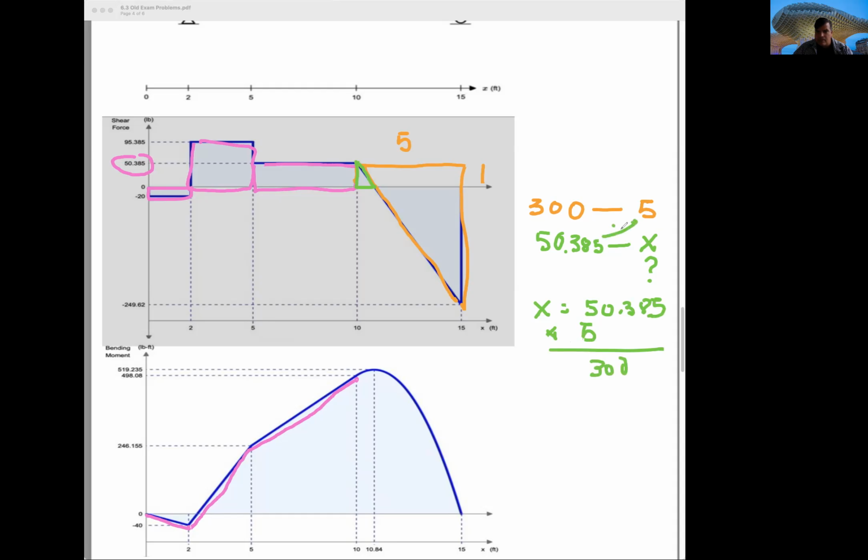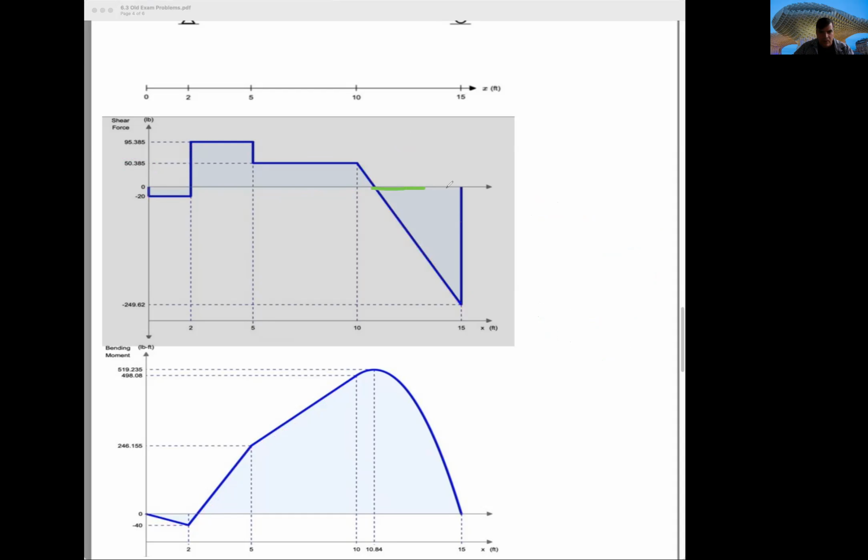You multiply, you divide, and you have the number. After you have the number, you have the area. Do this again to calculate the other side and have the area. Put the areas together and make sure that it's 300, okay? Because that is, sorry, it's not 300. Put these two lines together, sorry. Put the green line and the red line together and make sure that it is 5. Then you don't have a problem.